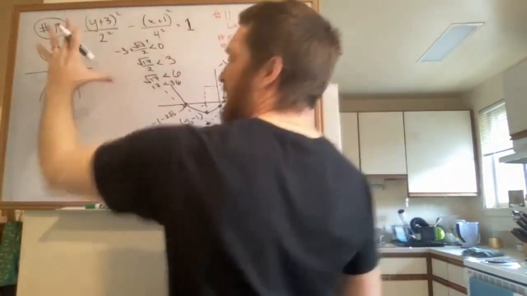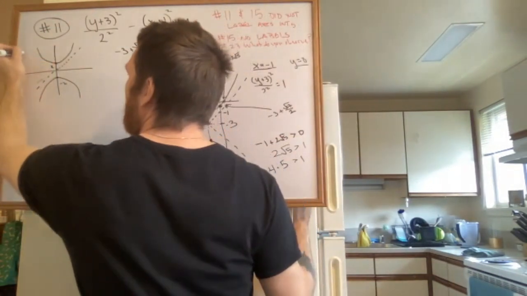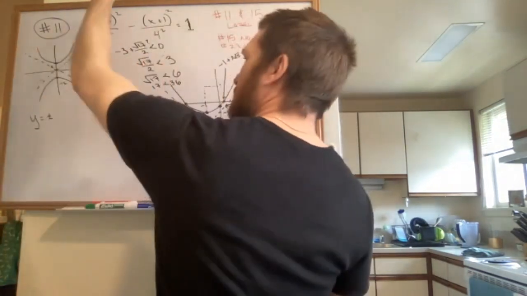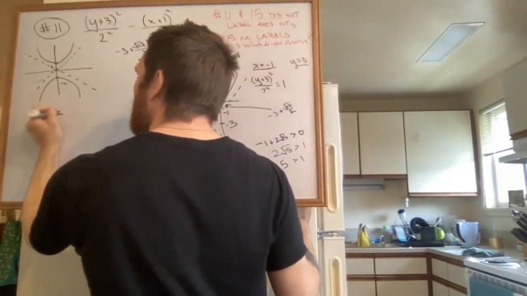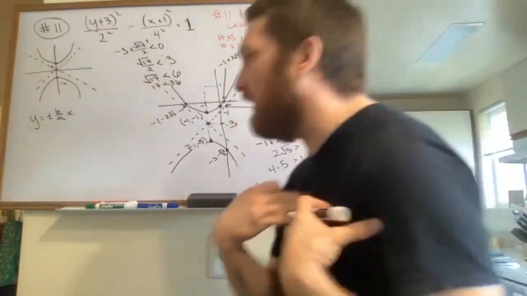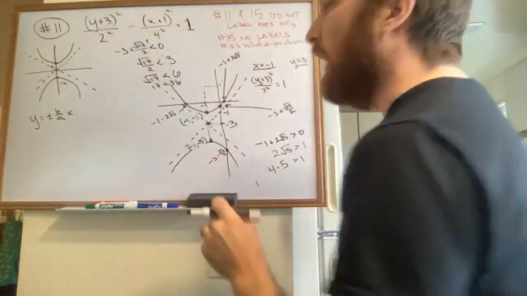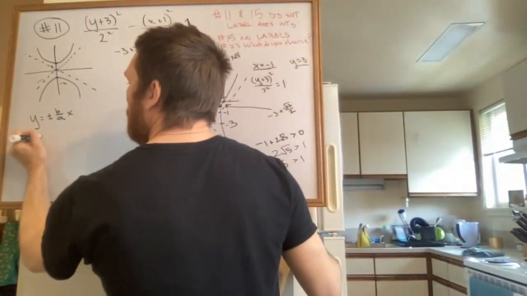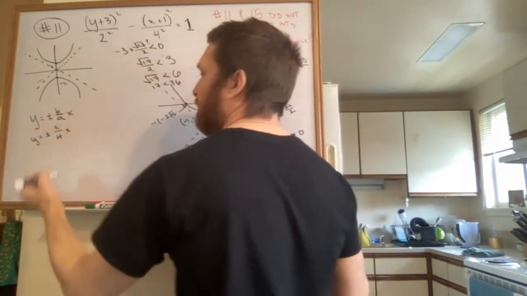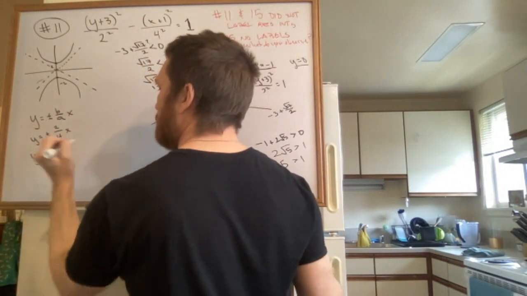In this case, if it had not been shifted, then these asymptotes would occur where y equals plus or minus b over a x. B, the way we've done it, is always the one that's paired with the y. It's not the way your book does it. That reduces down to plus or minus 2 over 4 x, and so y equals plus or minus 1/2 x.